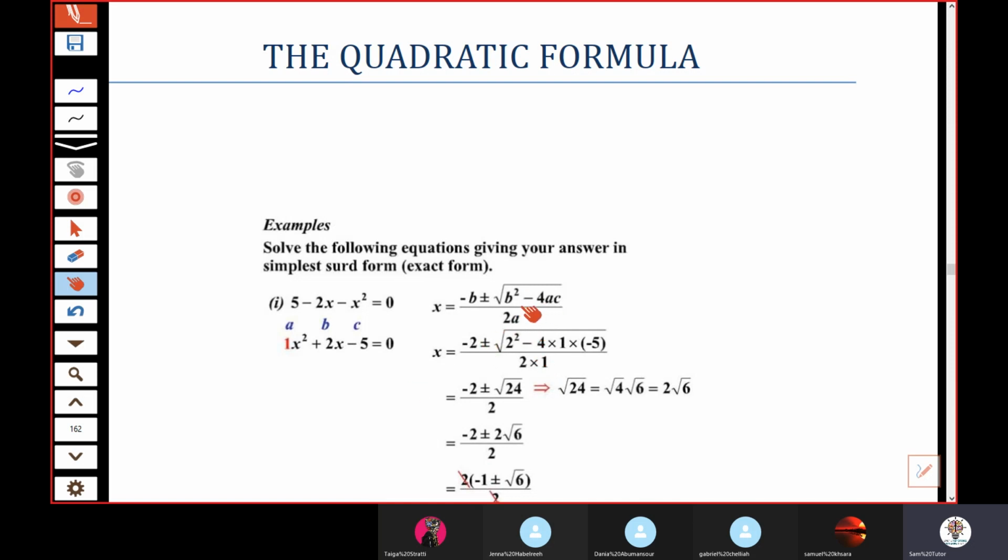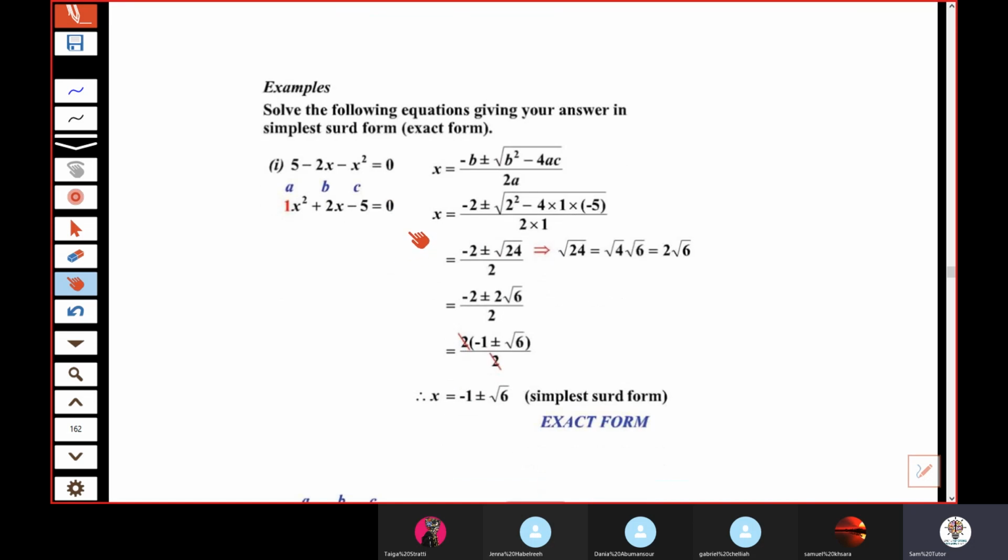Anyways, so exactly the same thing. So we're going to do this. But look at what's happened. What does A equal to in the first one? It's not in order. So you've got to rearrange. And what I did is I brought everything to the right-hand side. So it became positive x squared, positive 2x, take away 5.